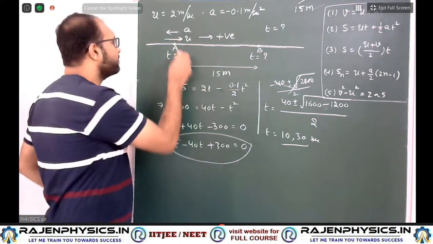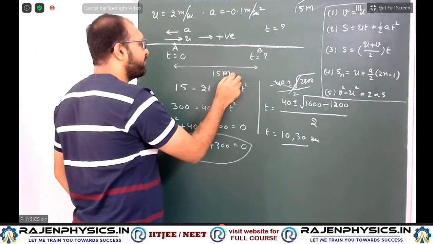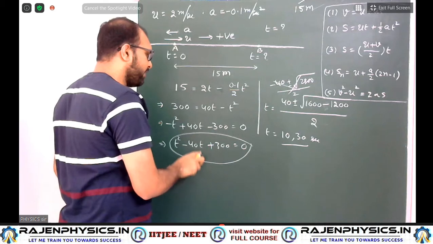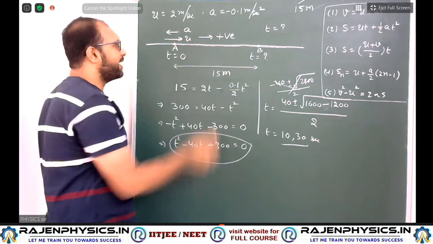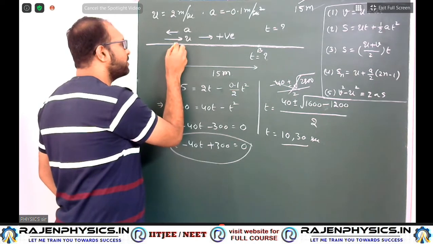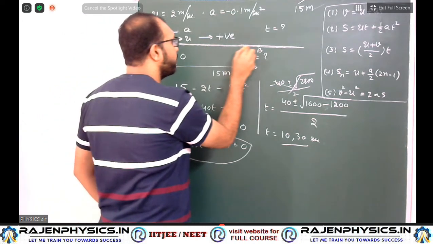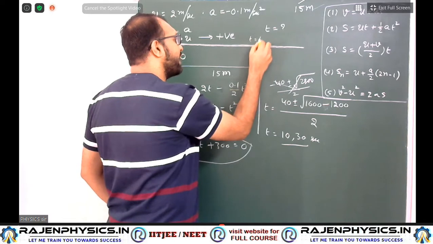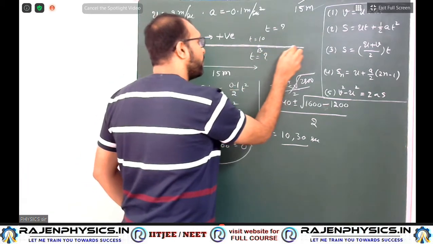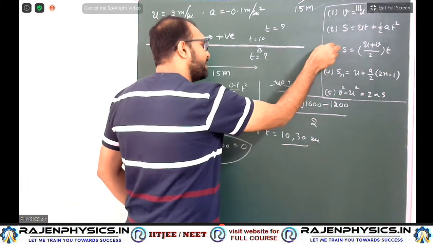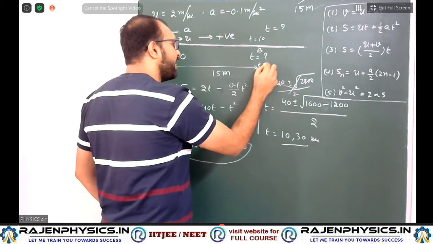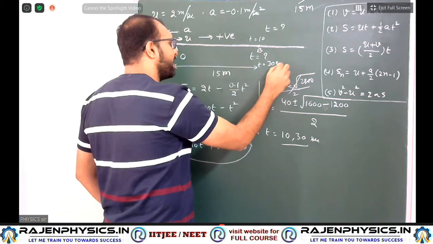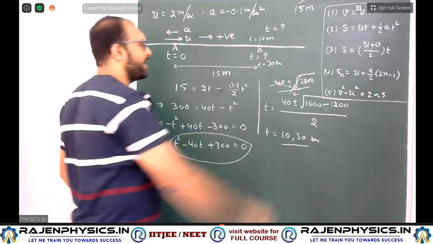So from here to here is 15. At t equal to 10 seconds it is moving, still going somewhere, then takes the return journey and comes back again. Now the time t equal to 30 seconds. This is 10 seconds.